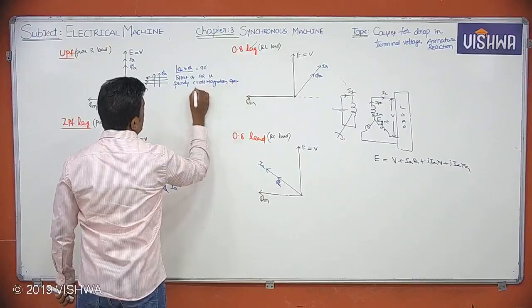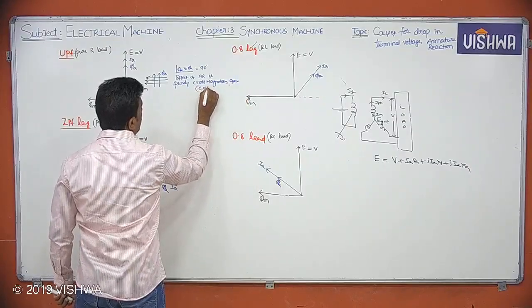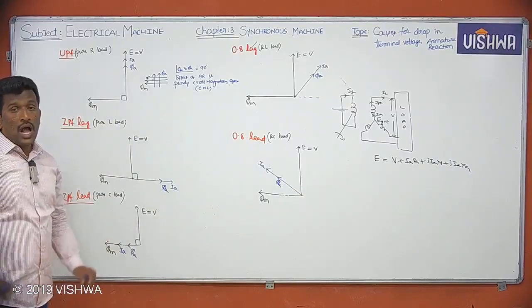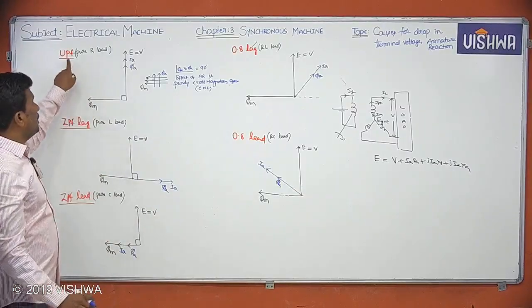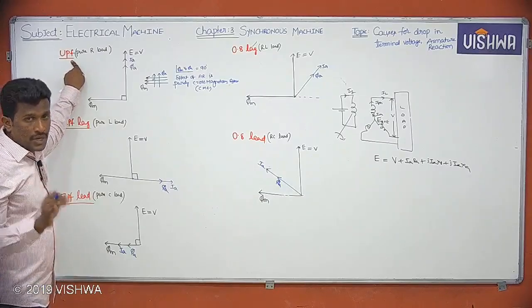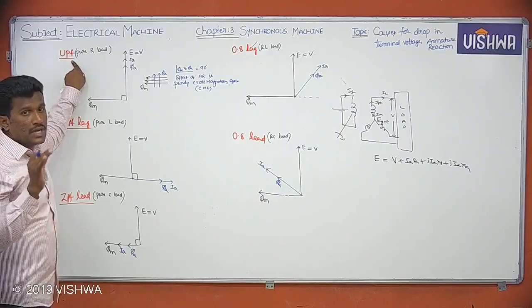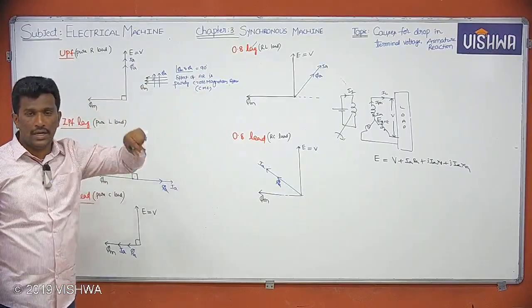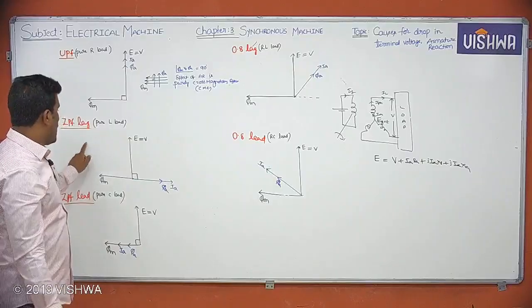You can simply write in brackets CME. So now what is the conclusion? For an alternator having UPF load, because of armature reaction, the effect of armature reaction is purely CME. Now let us take a few lag loads here.